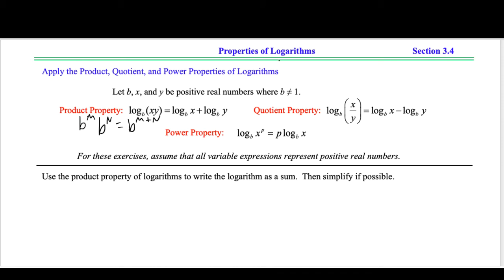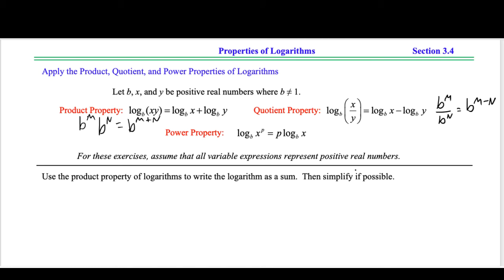The quotient property is based off of the property of exponents that says b raised to the power of m divided by b raised to the power of n is equal to b raised to the power of m minus n. So if you divide two exponentials with the same base, you can write it as a single exponential and you just subtract the exponents.